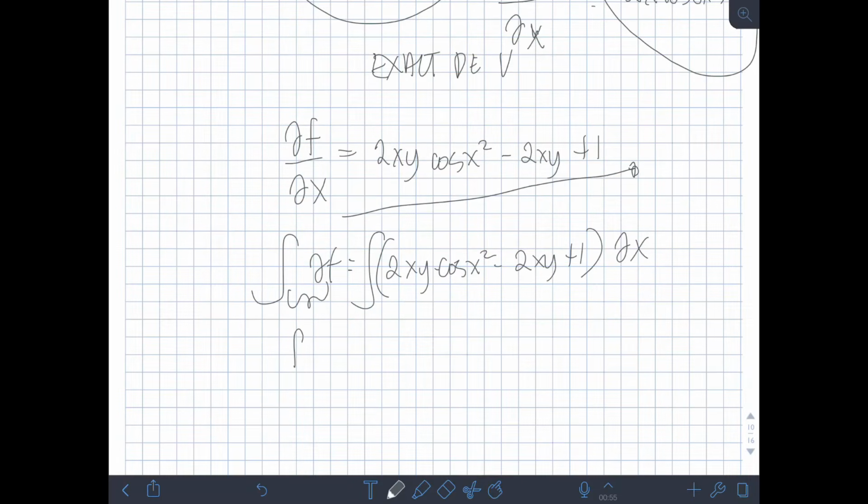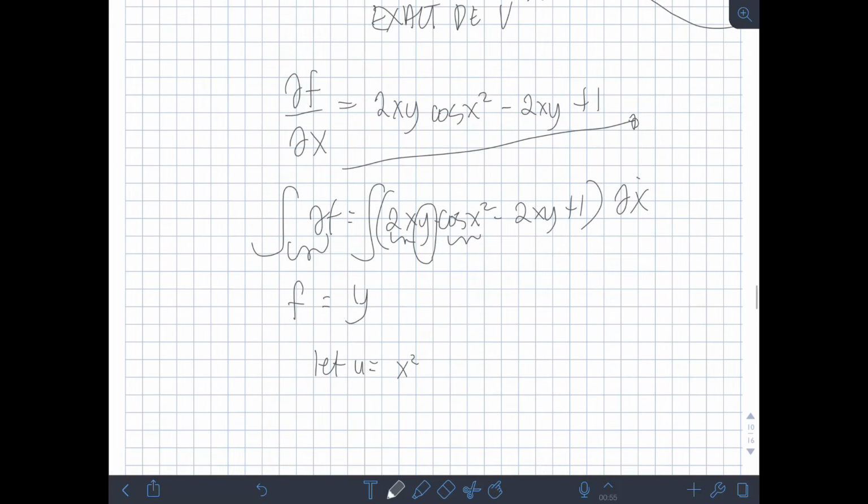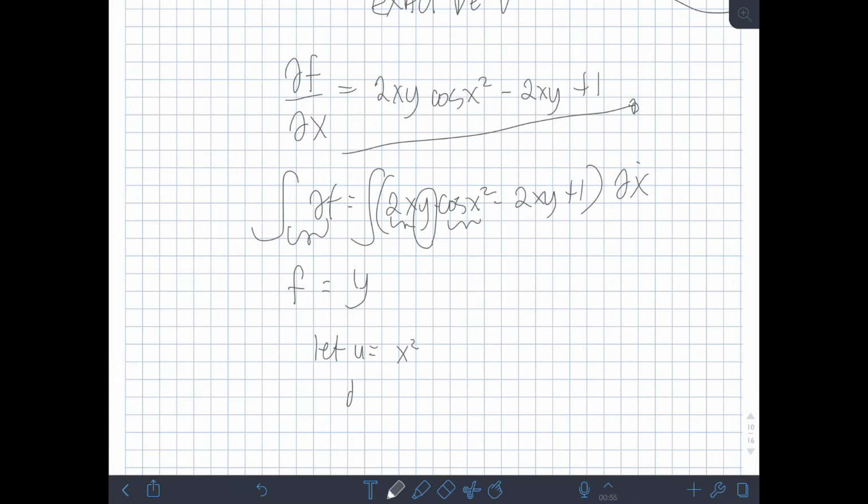Integral ng df is simply f is equal to, integrate natin to with respect to x uli. So, constant ngayon si y, so pwede natin siyang igilid dito. Ang i-integrate lang natin ay itong 2x cosine x squared. So, let u be x squared. Tapos, derivative natin, du is equal to 2x dx. So, itong 2x dx, gagawin natin du na lang.